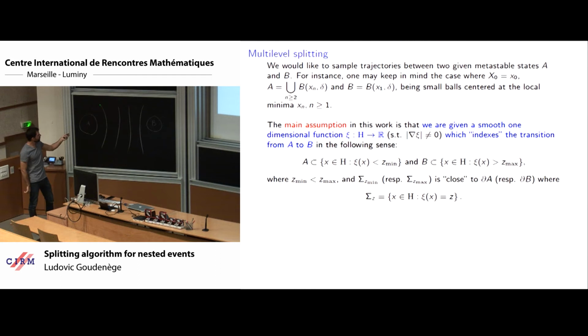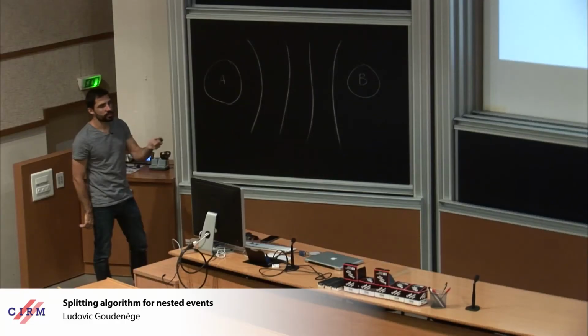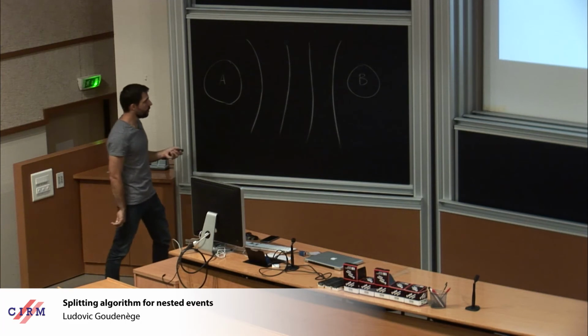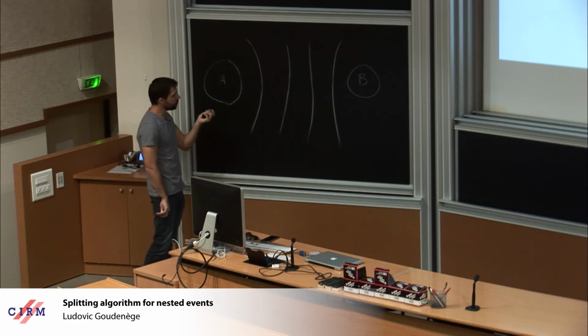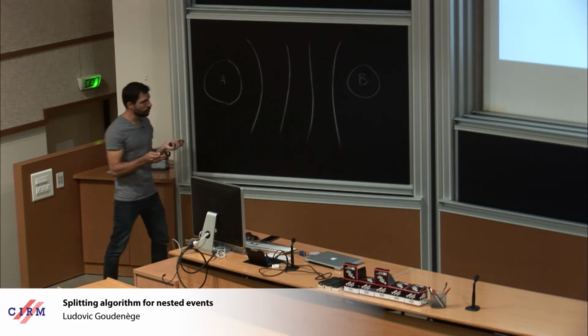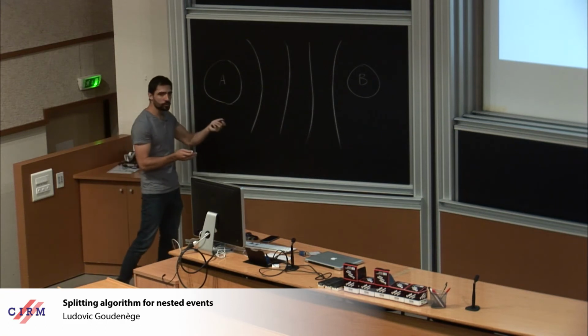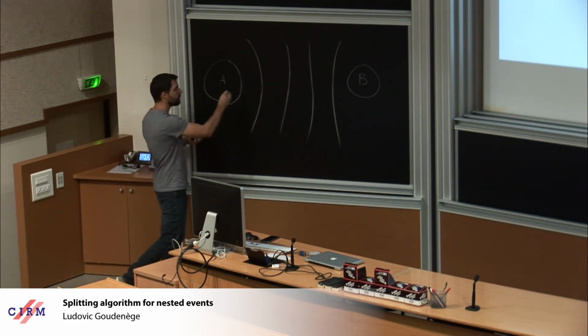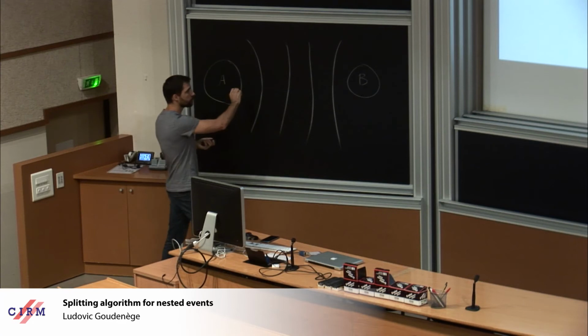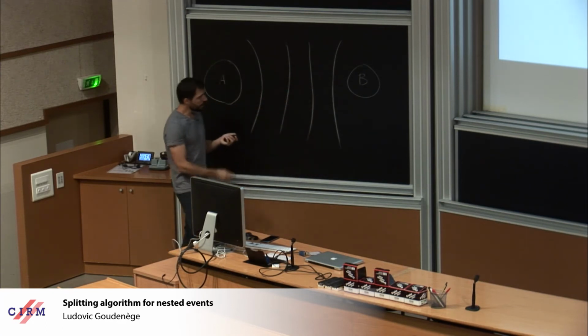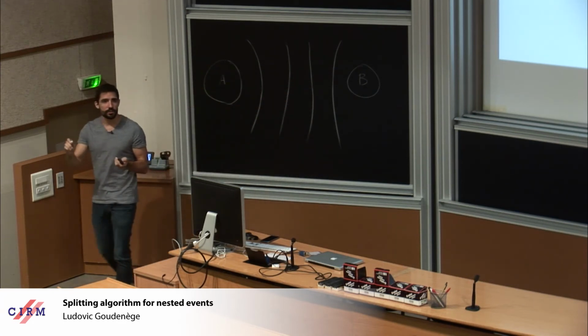And you have this level, okay, this is the location where the reaction coordinate takes the value z. So when you see a trajectory jumping from A to B, of course you have to pass from z min to z max, and you have to pass through all the levels.